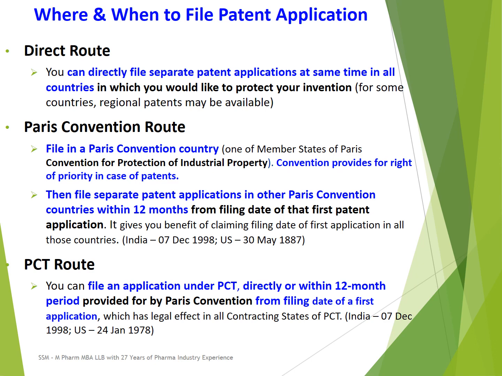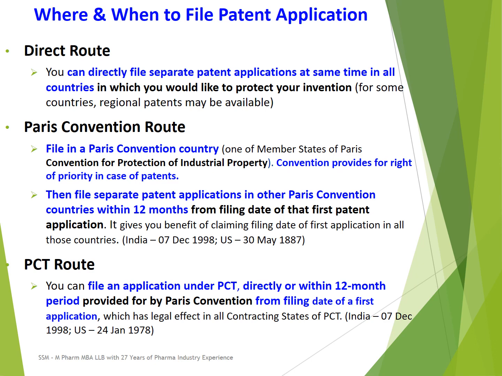So based on where the market is, the patentee or company will decide where they want to file the patent application. In the countries in which you want to protect your invention, you will file patent applications.